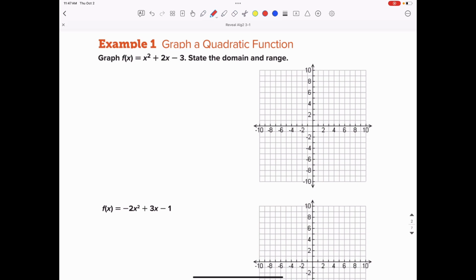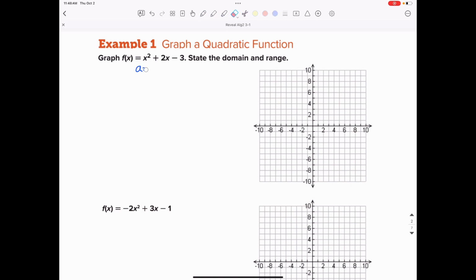So the first problem is we're going to graph f of x equals x squared plus 2x minus 3. State the domain and range. So the first thing we're going to do is we need to identify what the a value is, what the b value is, and what the c value is. So the a value is the number in front of the x squared.